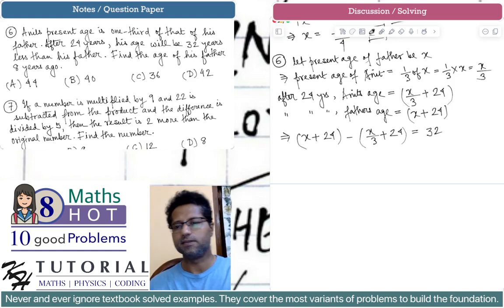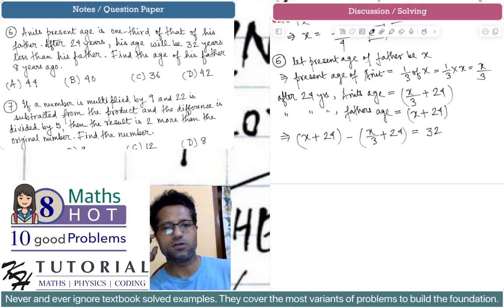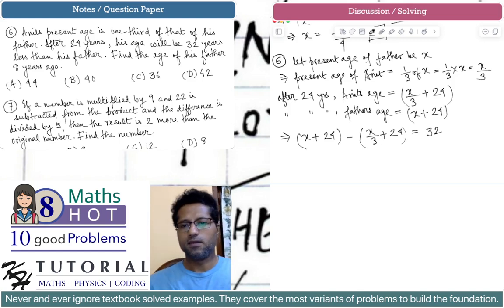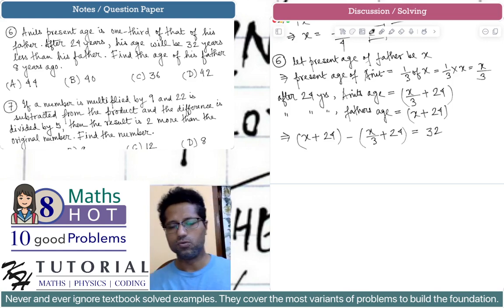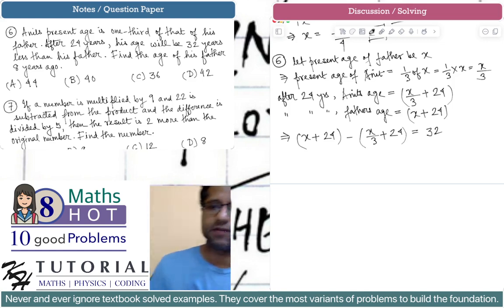Now we see that in this equation there is one rational term, x by 3. If you are comfortable with addition and subtraction of rational numbers, then you can proceed by collecting all the variable terms to the left hand side and all the constant terms to the right hand side, and while adding up the variable terms you have to do operation of addition or subtraction of rational numbers.